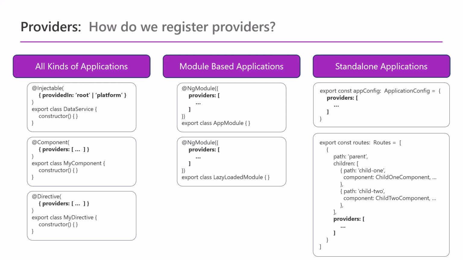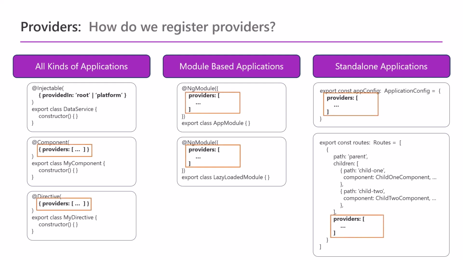It's used when we bootstrap multiple applications for our single page project. Setting providedIn to platform will make that instance of the service available to all of the bootstrapped applications within our project.